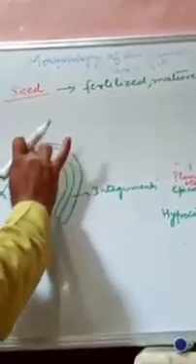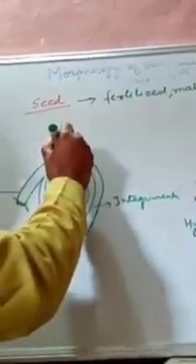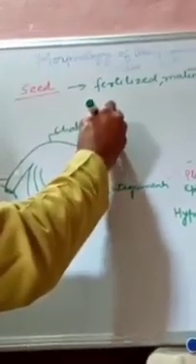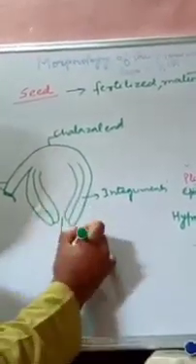From the diagram, it seems as if the integuments arise from this end. Where they arise is called the chalazal end, which we have seen there. And this pore-like structure below is called the micropylar end, which we have shown here.